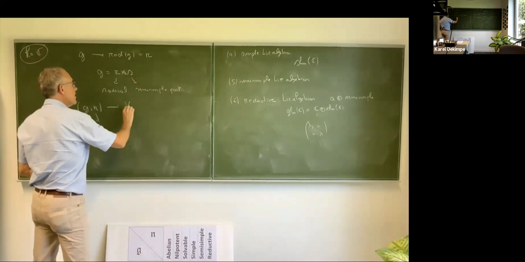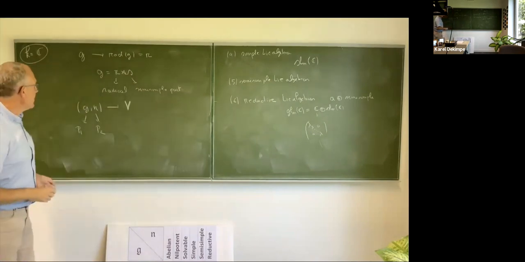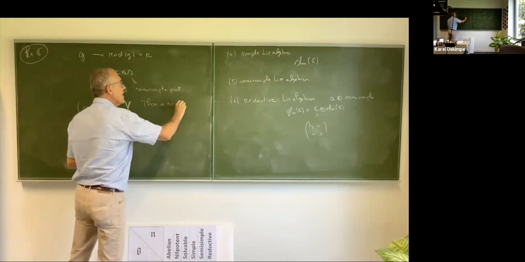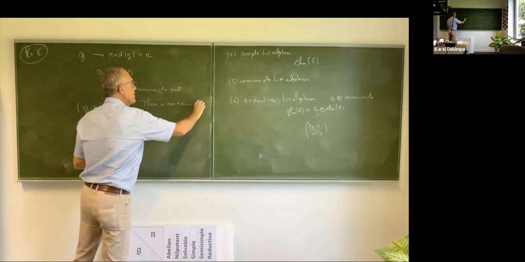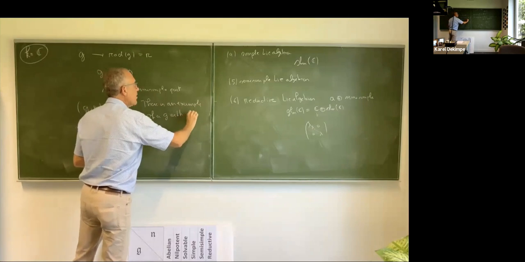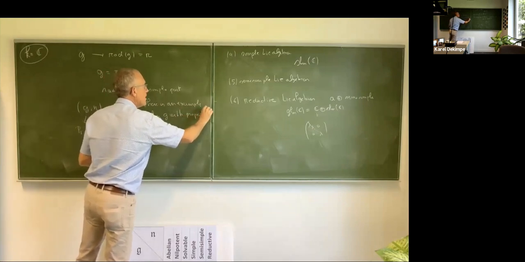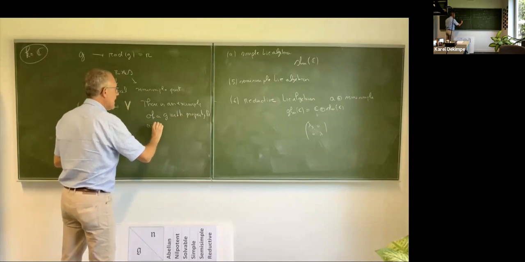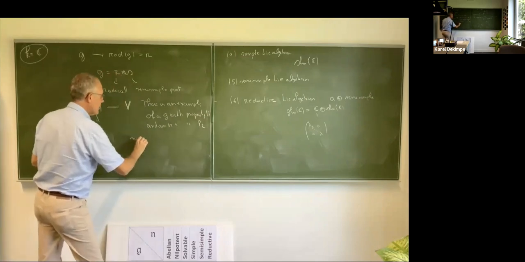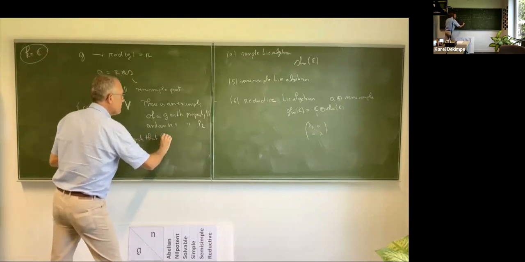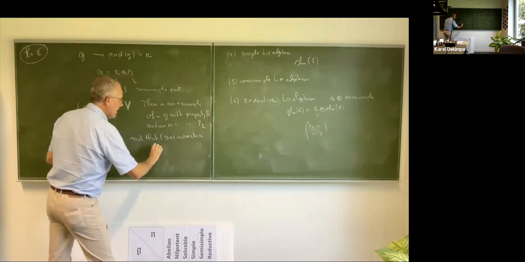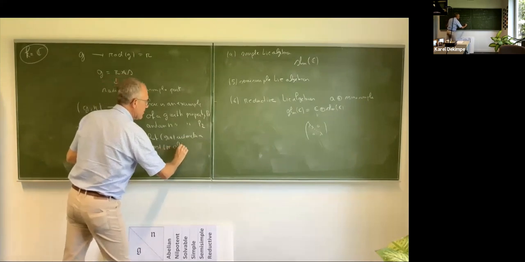And the moment that I mark a green V, then I mean that there is an example of a G with property P1 and an N with property P2 such that the pair Gn admits a Post Lie algebra structure.